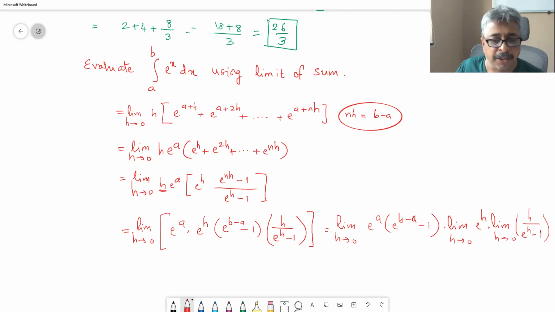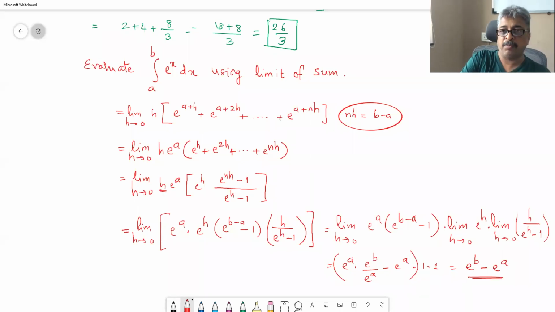Okay, now these are standard limits, therefore the answer is, here no h, so e raised to a into e raised to b upon e raised to a minus e raised to a. This is 1 into this is 1. This is equal to e raised to b minus e raised to a.